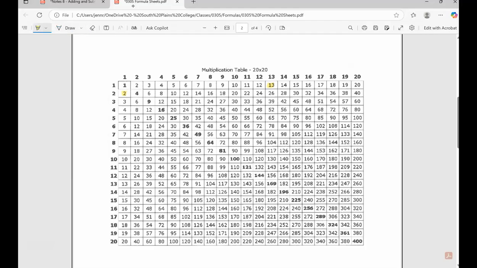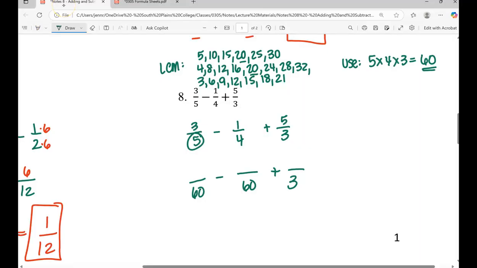In my 5 row, 60 shows up right here, which means I have to take my 5 and multiply it by 12 to get that common denominator. So 5 times 12 gives me the 60 on bottom. 3 times 12 is 36 on top.